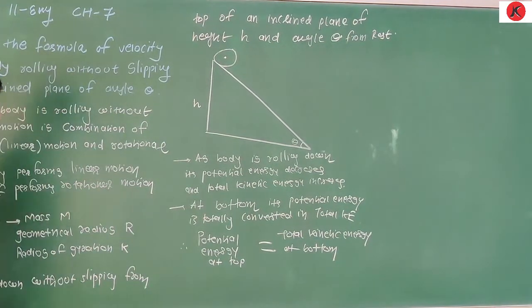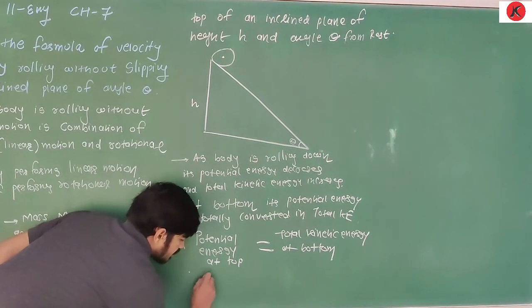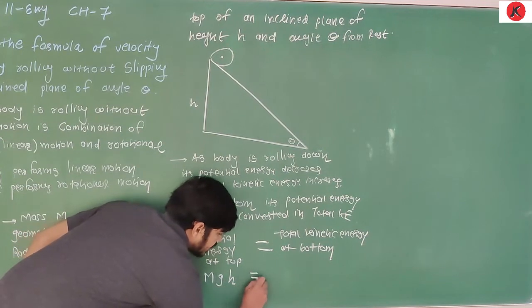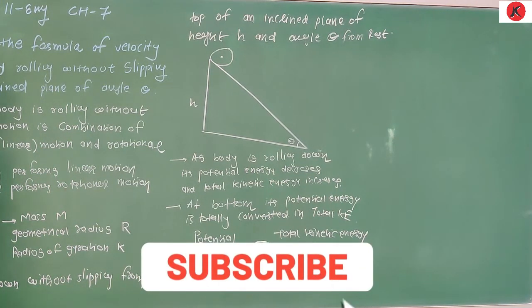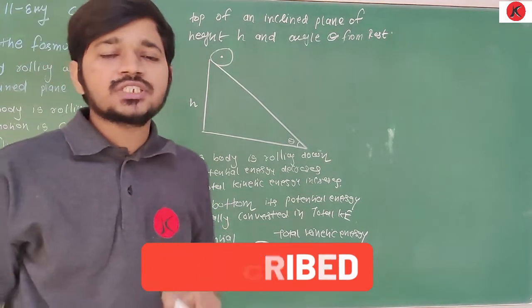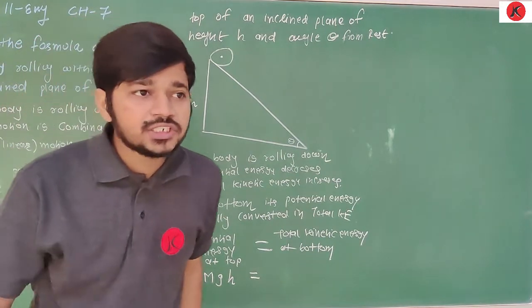Potential energy at the top: mass of the object is m, g, and its height is h, so it is mgh, is equal to total kinetic energy. Rolling without slipping motion is a combination of translational motion and rotational motion.